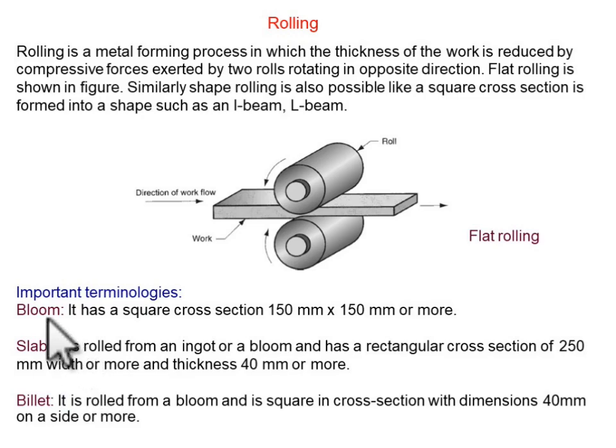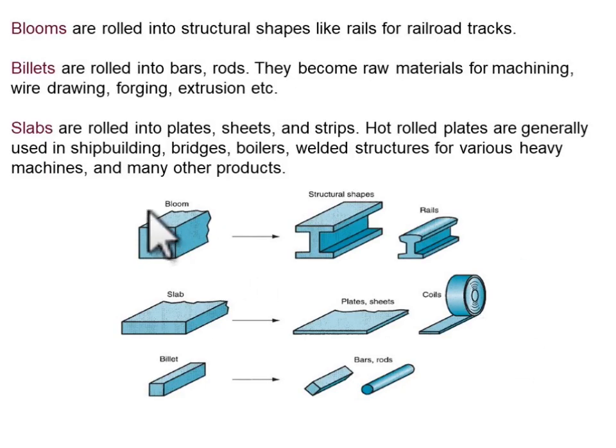So basically, the bloom is what you can see in the next slide. This is the bloom, a big cross section area, and it is basically used for making an L or I type of cross section, I-section or L-section. This is basically used in rail tracks.